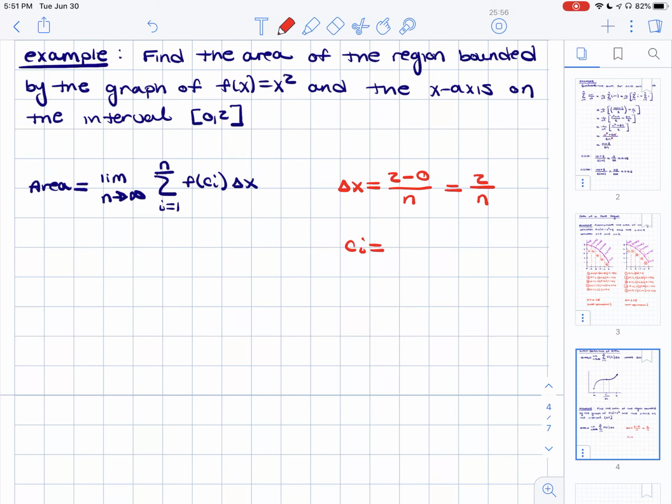This is always going to be whatever we found as our delta x times i plus our a value. So in this case, our c sub i is equal to 2i over n plus our a value, which is 0, so I'm just going to leave that off.